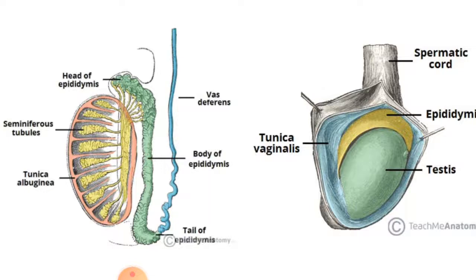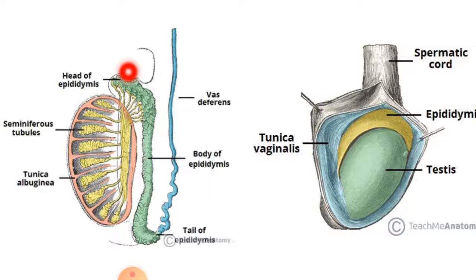At the upper pole of the testes, the tubules combine to form a single tubule. You can appreciate it here. All these tubules are converging to form a single duct, and this tube is about 6 meters in its full length, and it is repeatedly folded and tightly packed into a mass that is called the epididymis.